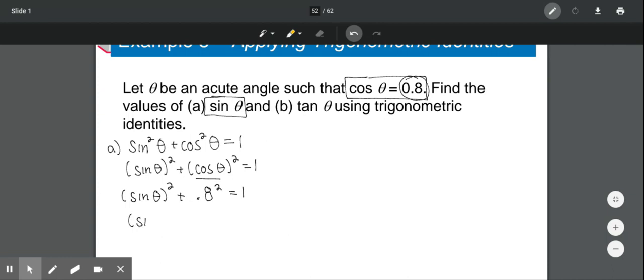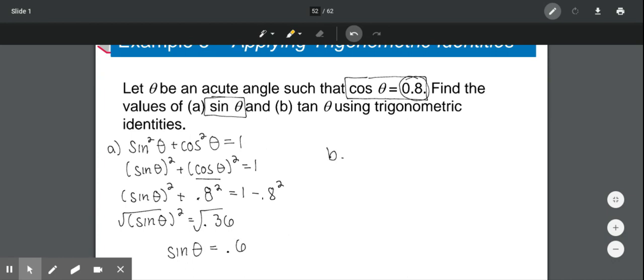If I subtract 0.8 squared, which is just 0.64, I get 0.36. Then to solve for sine of theta, I can take the square root of both sides, and I get that the sine of theta equals 0.6. That would be your answer for A.